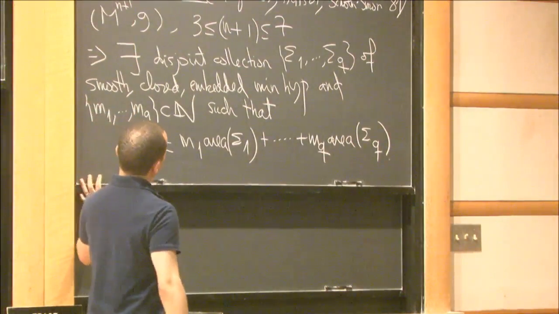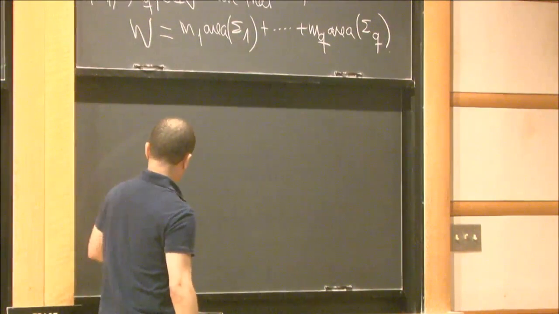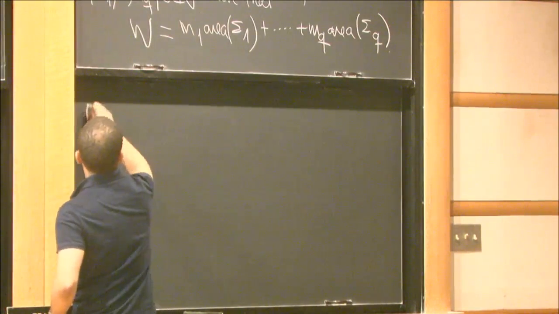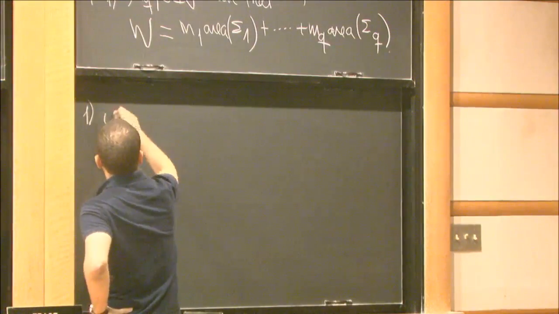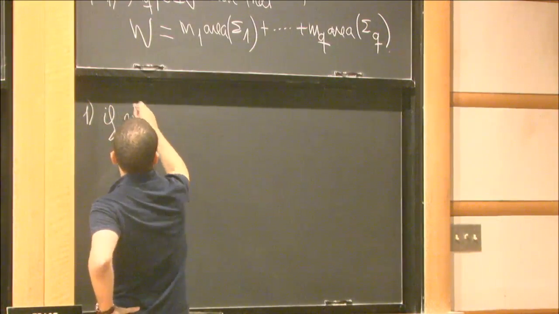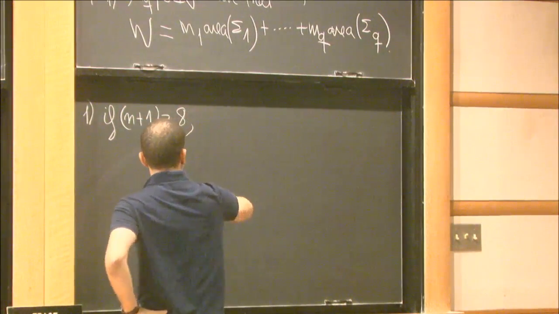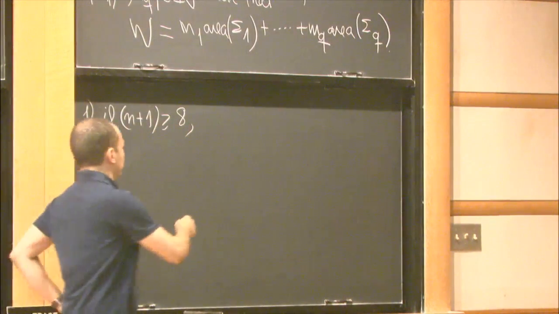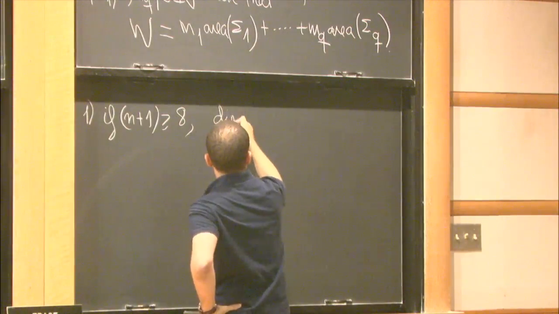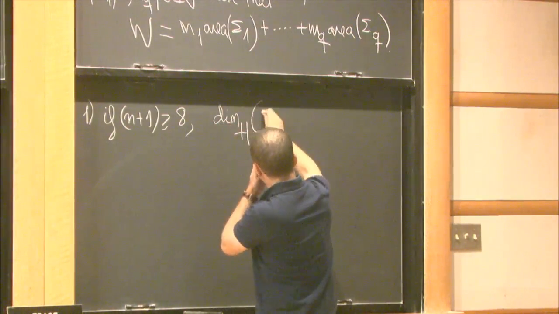So let me make some remarks first. In high dimensions, one can also do this thing, but if the ambient dimension is at least 8, then the minimal variety will be singular. And one can estimate the Hausdorff dimension of the singular set.